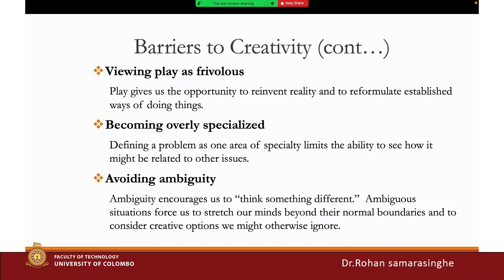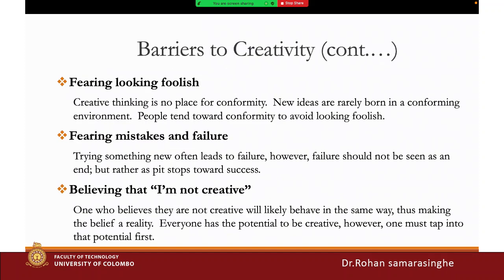Other barriers are avoiding ambiguity, as well as fearing to look foolish. Sometimes you are reluctant to give your ideas because others might say, what a foolish idea. Others never say that, but you would think so, and fearing mistakes and failures.